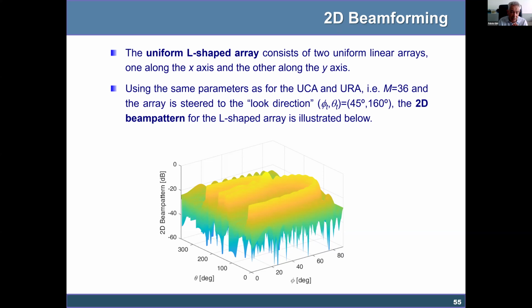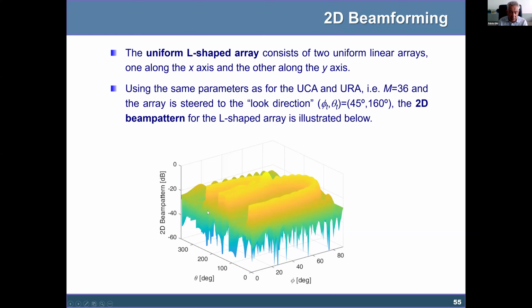So I expect the L-shaped array to have better resolution, but higher side lobes. Because if you compare with the same number of sensors, if it has better resolution, the price to be paid is in terms of side lobes.